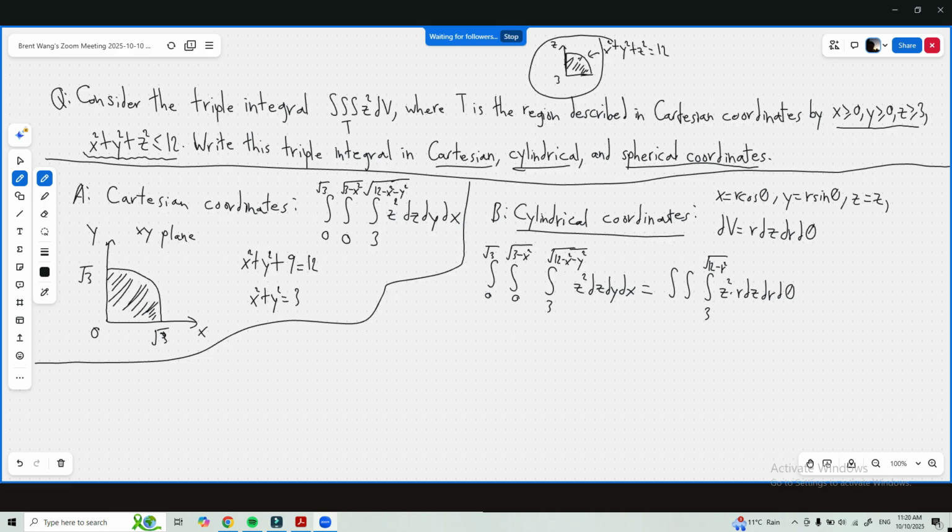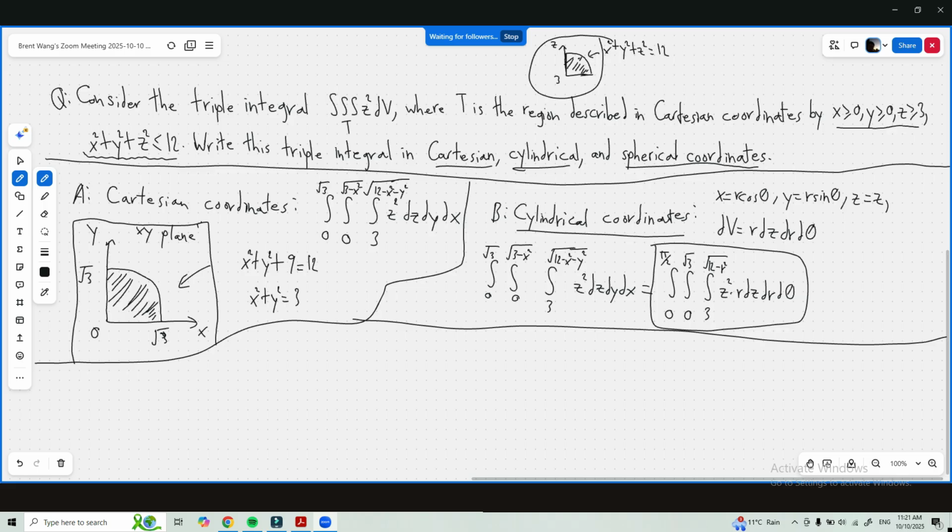Okay, so now r, so for the xy plane, look at what I drew here when I was doing the Cartesian coordinates. You have a circle, like the radius goes from 0 to root 3. And here, theta goes from 0 to pi over 2. So this is cylindrical coordinates.